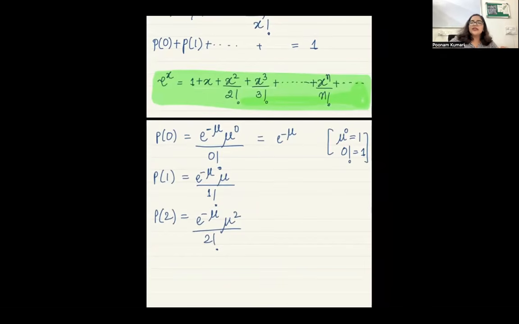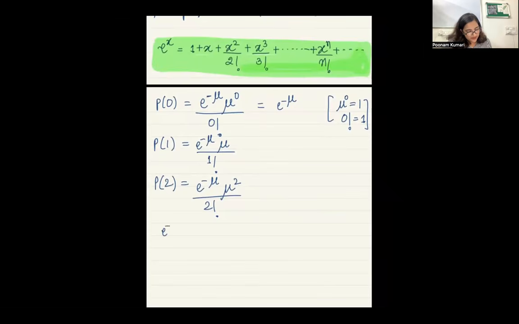So if you just do this entire sum, what are you going to get? e power minus mu plus e power minus mu times mu divided by 1 factorial plus e power minus mu times mu squared divided by 2 factorial. You can keep doing that and it'll keep going on, right? Everywhere I'm getting e power minus mu.